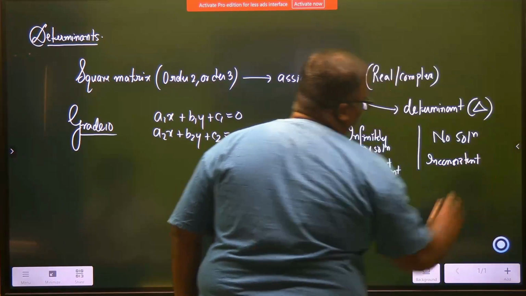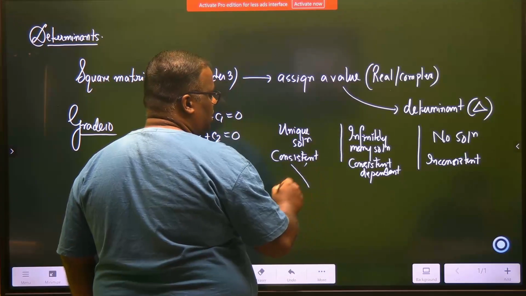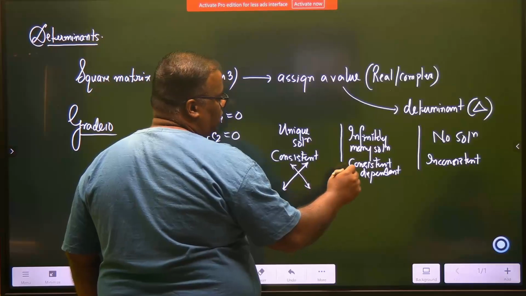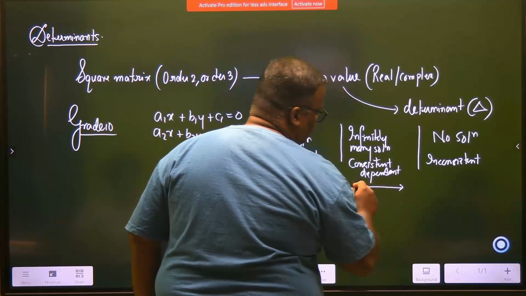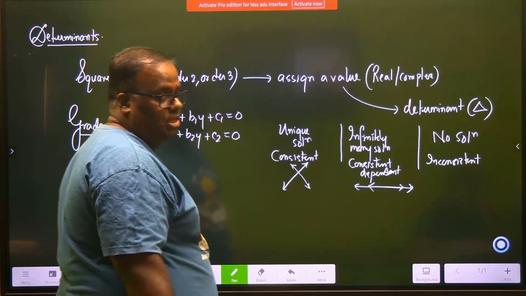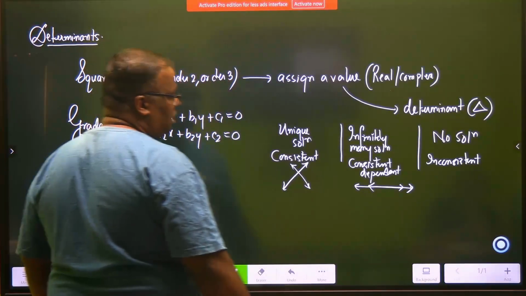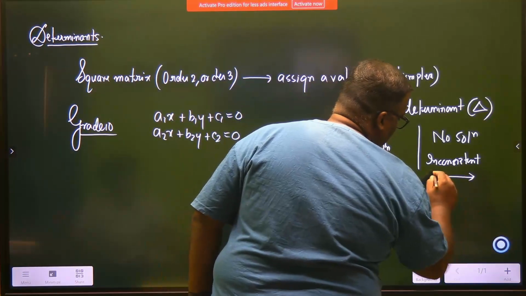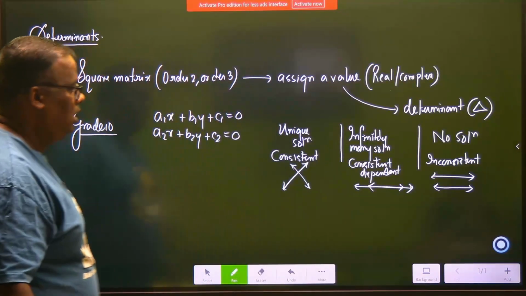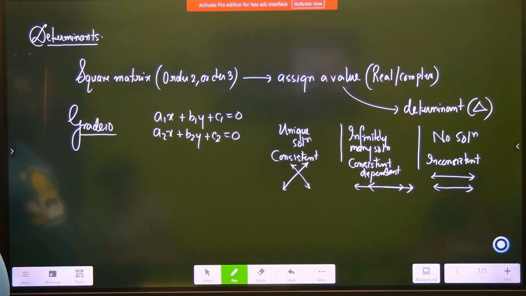If you solve it graphically, you would get lines which intersect only once here. Infinitely many means two lines coincide upon each other. We also call them coincident. And here the lines would be parallel because they don't meet each other, each line corresponding to one of the equations.